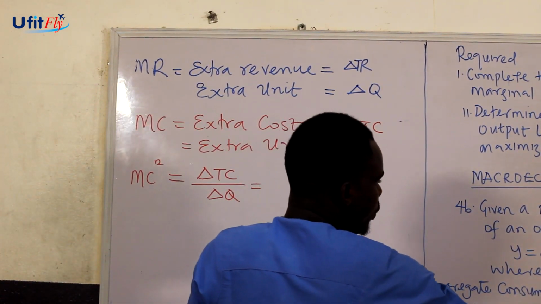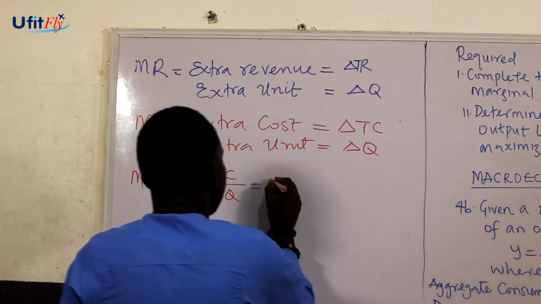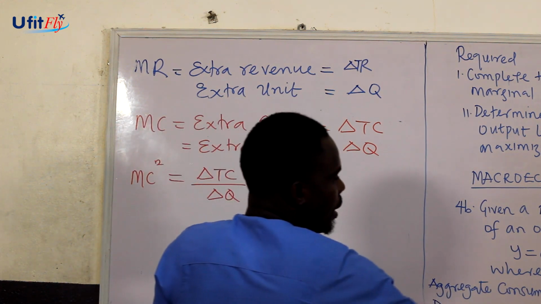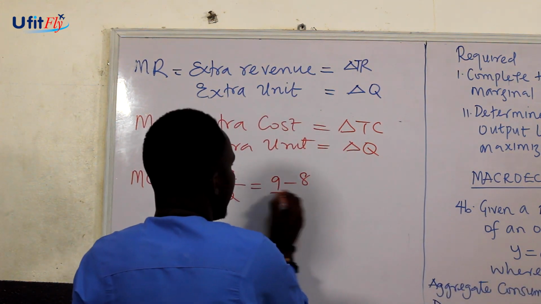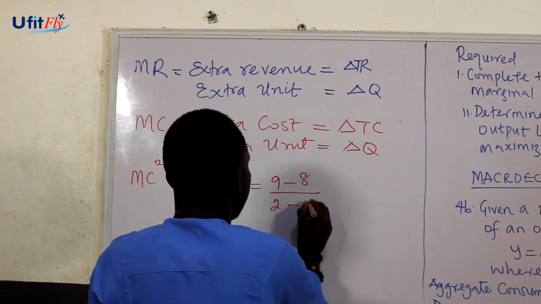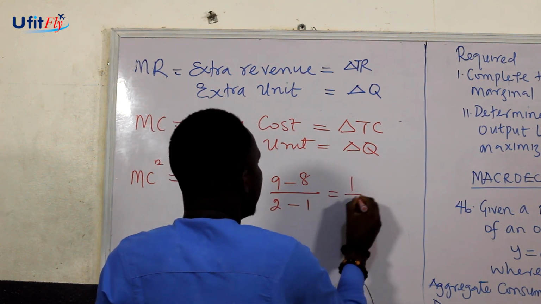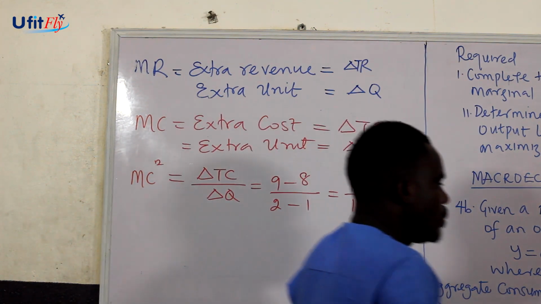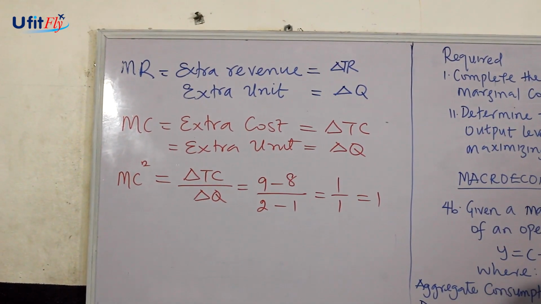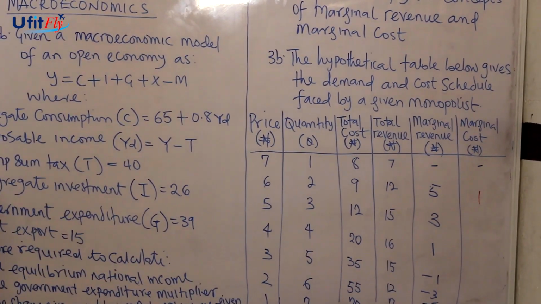So at output 2, total cost is 9, initial cost is 8, divide 2 minus 1. 1 divide 1 is 1. So at output 2, marginal cost is 1.